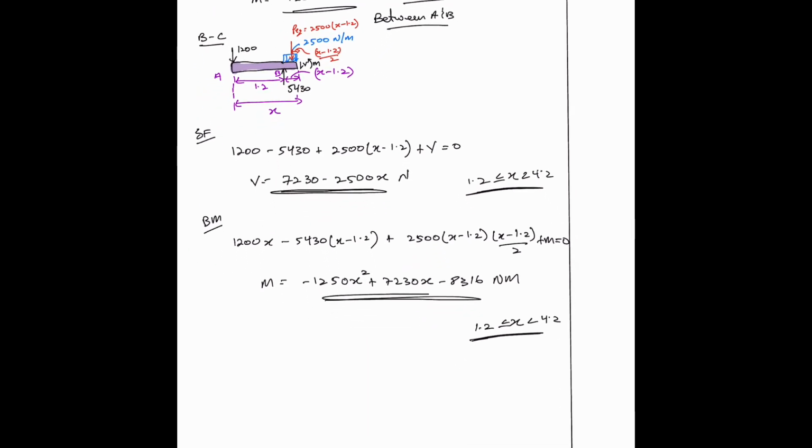Now, what if we want to find the maximum? What are the max values? We know we have the equation for V, so now we could get the maximum. We could say dV/dx equal to 0.